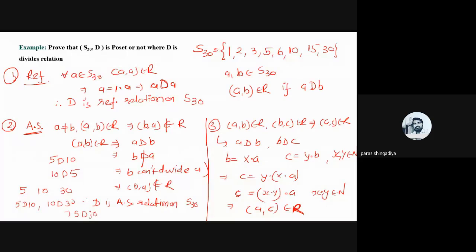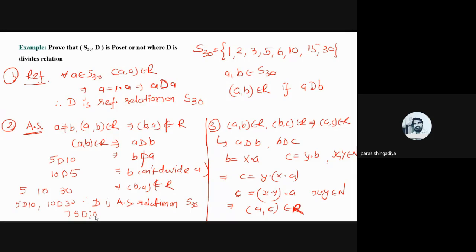Clear? So any counter example you can include in this condition. For this case, we can prove that it is transitive, antisymmetric, and also reflexive. So you can also include a counter example in the solution.